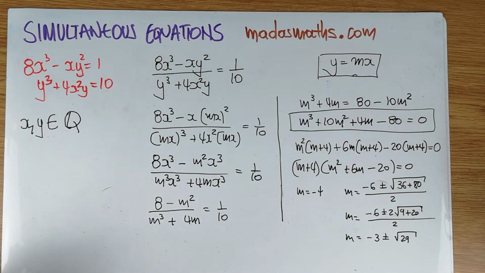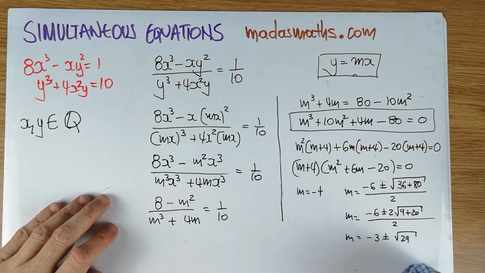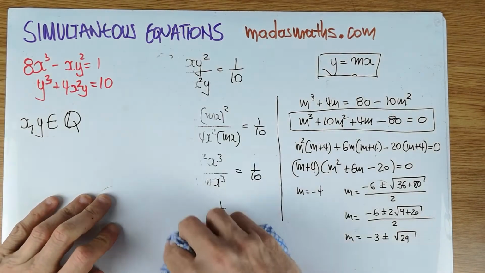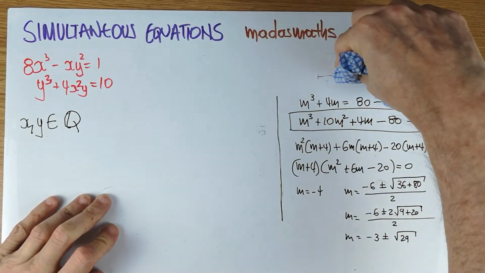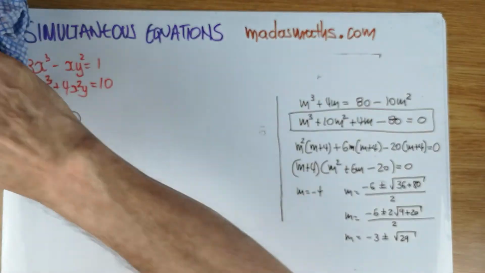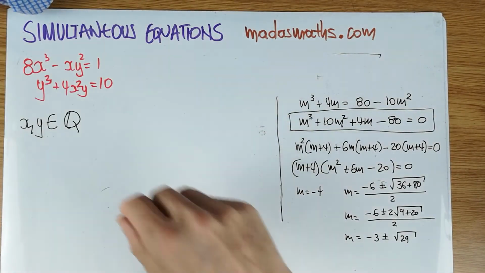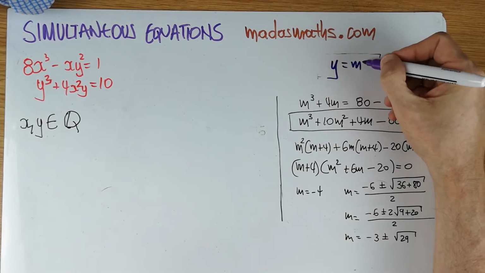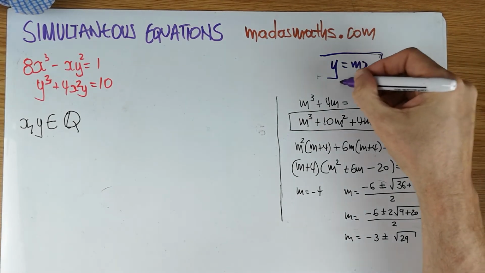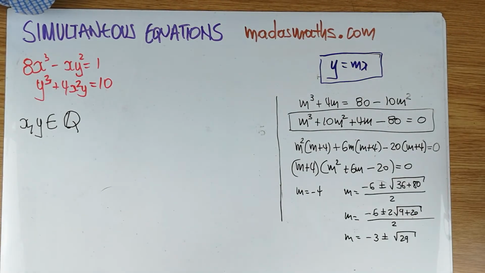Okay, so what do we have in here? Let's go back to the beginning. We haven't solved for x and y. What we've done, oops, oh, crying out loud. Let's write it again here. Y is equal to m times x. That's the substitution we used in this equation. Let's clear all the other bits.